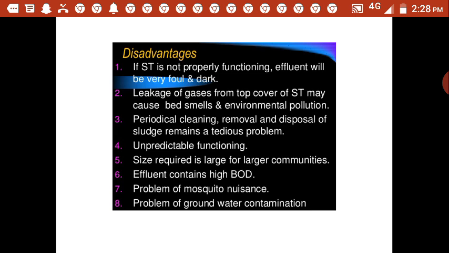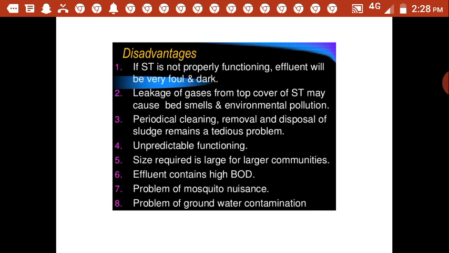Then, whatever effluent we are getting after this septic tank is not as per the standard of the Karnataka State Pollution Control Board or the Central Pollution Control Board. It has a little bit higher BOD compared to the standards. The standard is 30 milligram per liter of BOD, then you are able to discharge the effluent to any surface body.